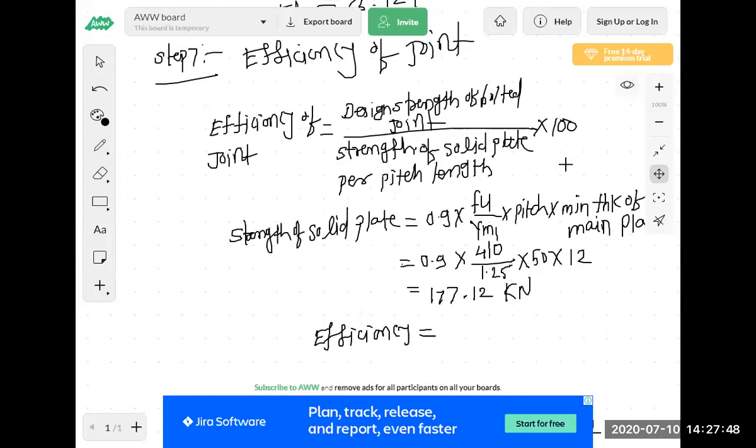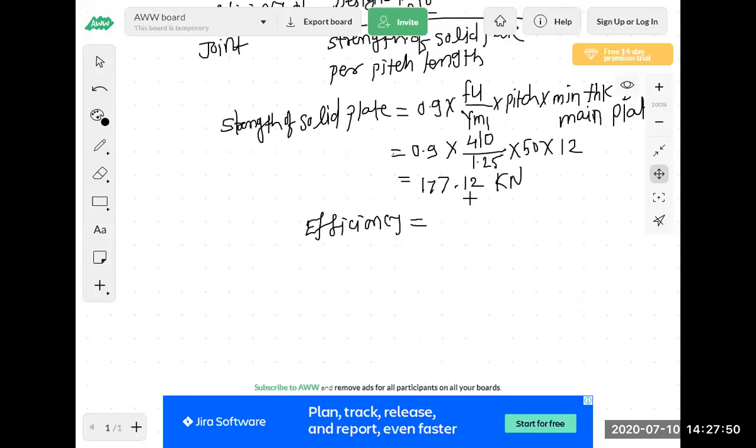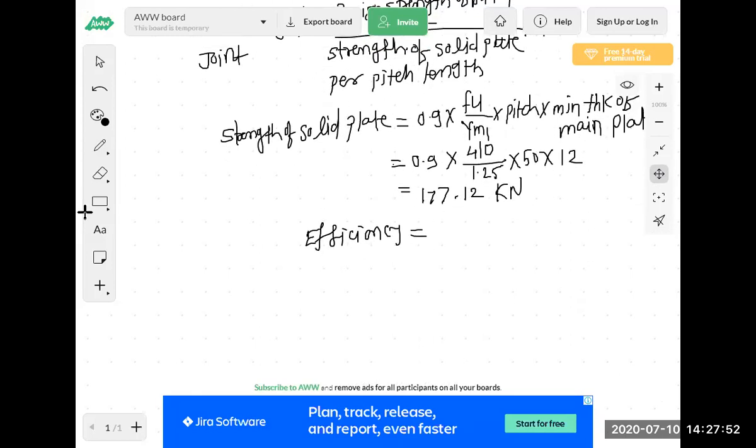So 66.12 divided by 177.12 into 100 is equal to, in percentage.